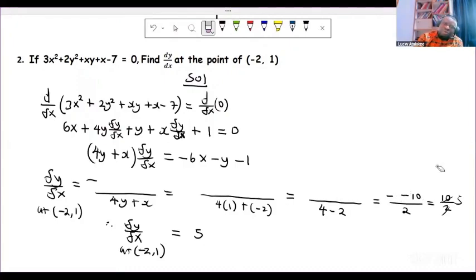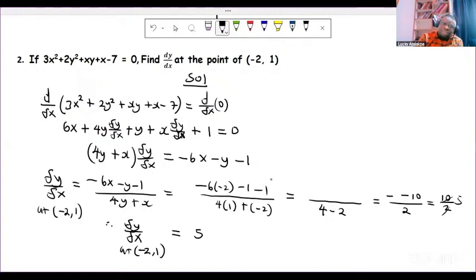You check what you've done so that you can be sure of your results. All right, so let's go. So I'm going to write minus 6x minus y minus 1. So let's substitute now. Minus 6 times x is minus 2. Then minus y means our y is 1.